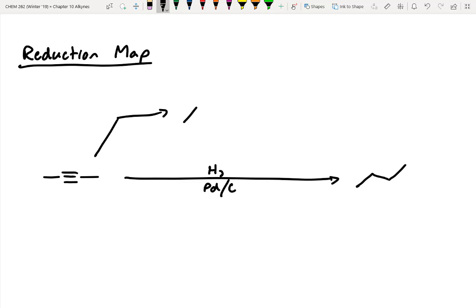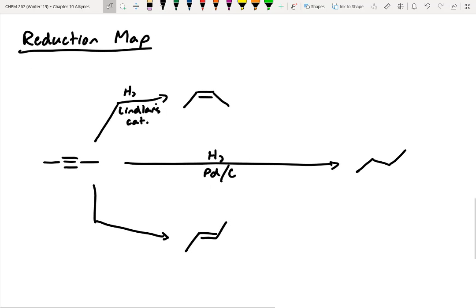Conversely, we can stop at the cis alkene, and that was where we needed H2 and Lindlar's Catalyst. And we said if we wanted to go to our trans alkene, we needed that dissolving metal reduction. Dissolving metal reduction is where we use elemental sodium followed by ammonia, and we can get to the trans alkene.